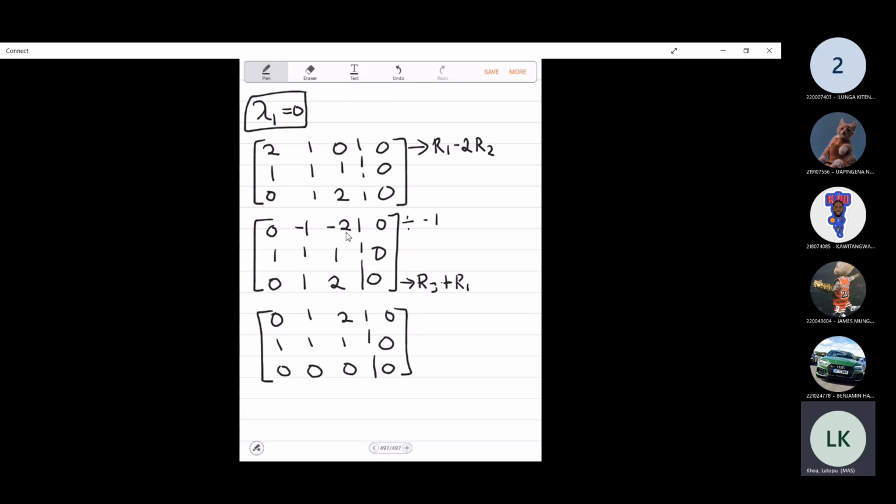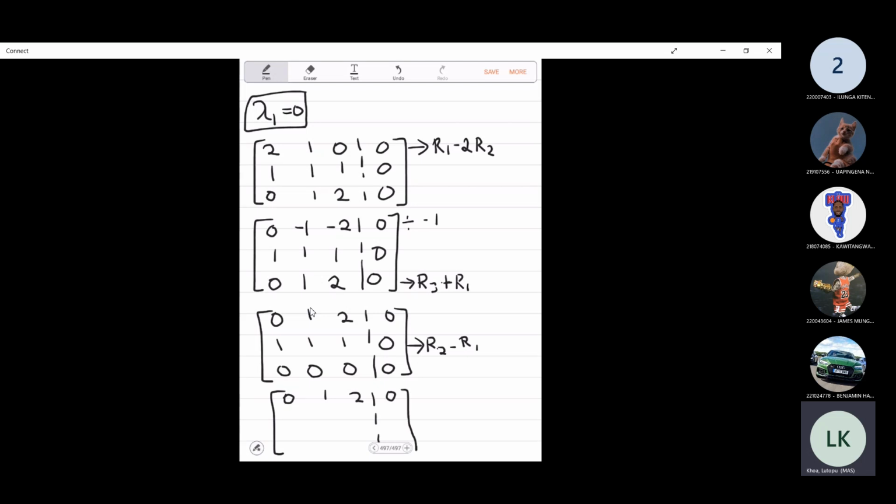Okay. Then I can make this one a 0, say, sorry, this one here is 0. I say row 2 minus row 1. 0, 1, 2, 0.